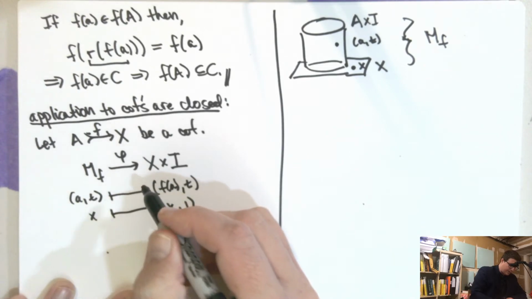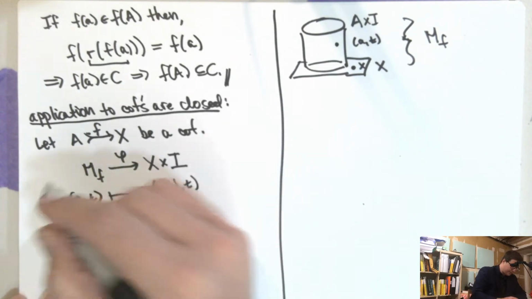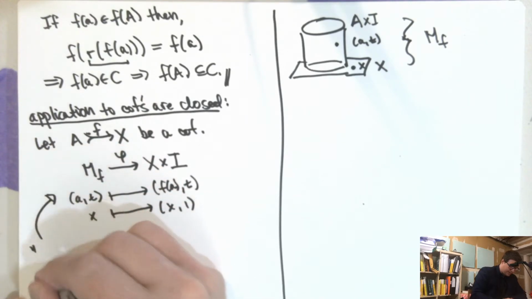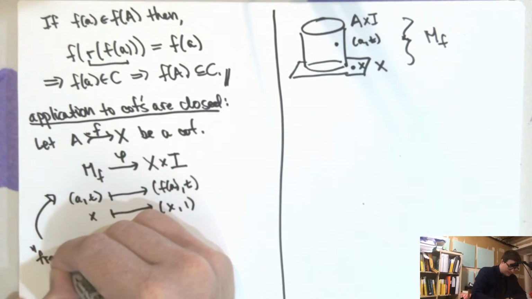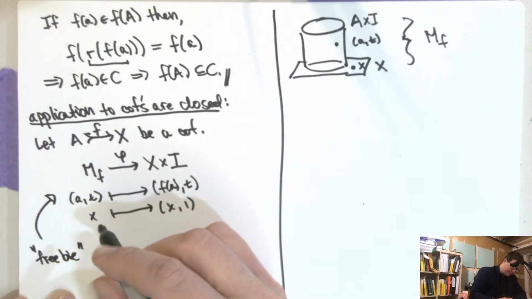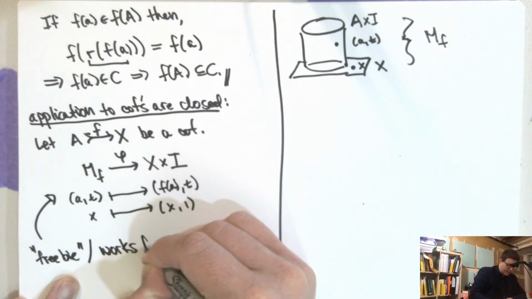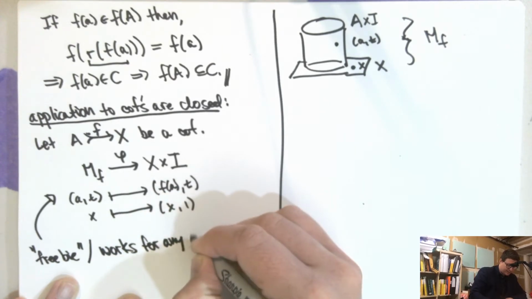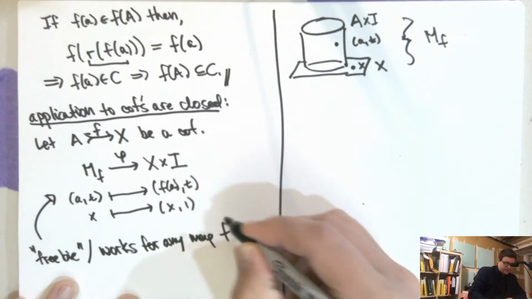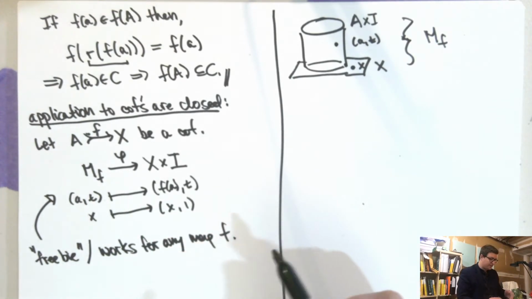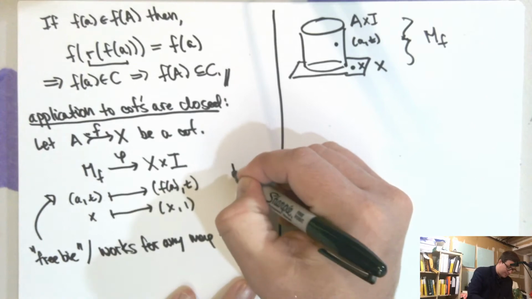This is well defined on the quotient. So this is kind of a freebie map, meaning that it works for any map f. It doesn't need to be a cofibration, right? So this is the first map that we have.